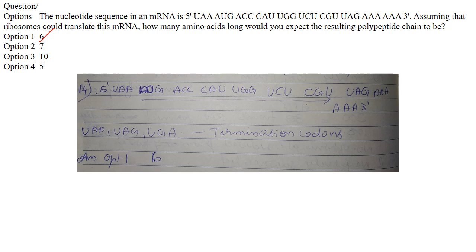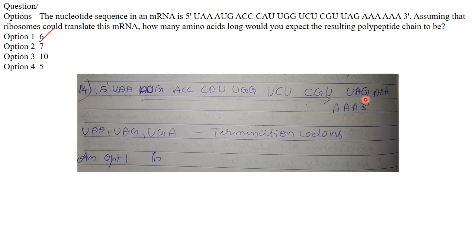Then the nucleotide sequence in an mRNA. They have given the nucleotide sequence. Assuming that the ribosome could translate this mRNA, how many amino acids long would you expect the resulting polypeptide chain to be? So this is the sequence UAA. The beginning itself is a stop codon. You have to start from AUG, AUG up till UAG.